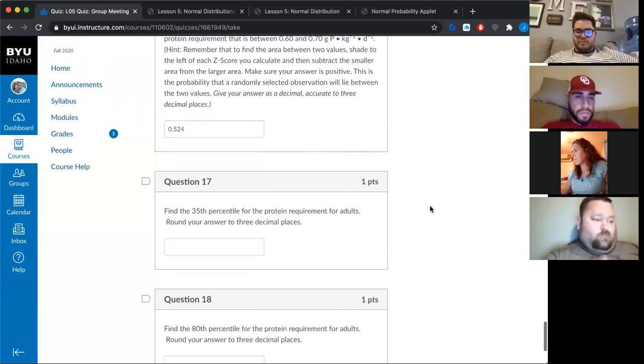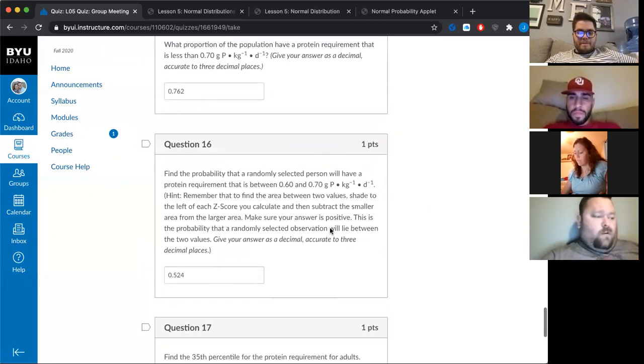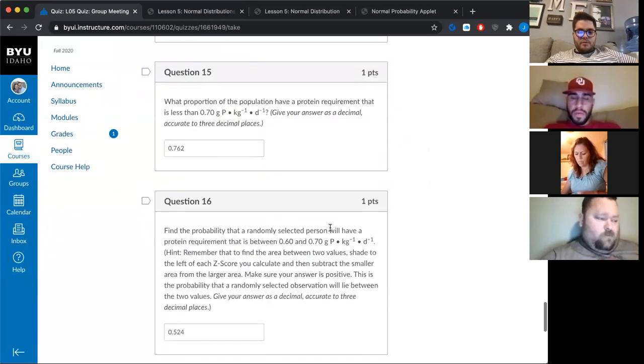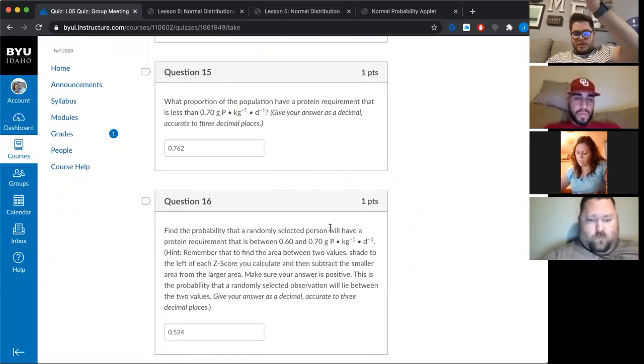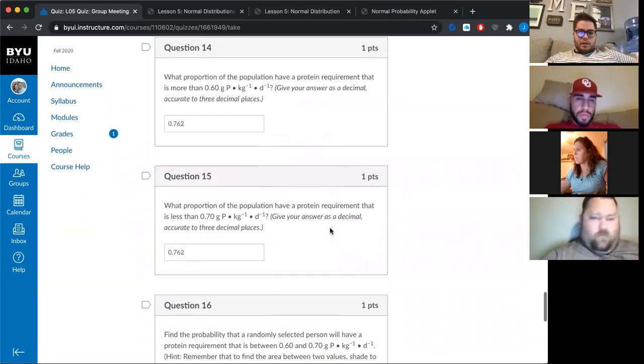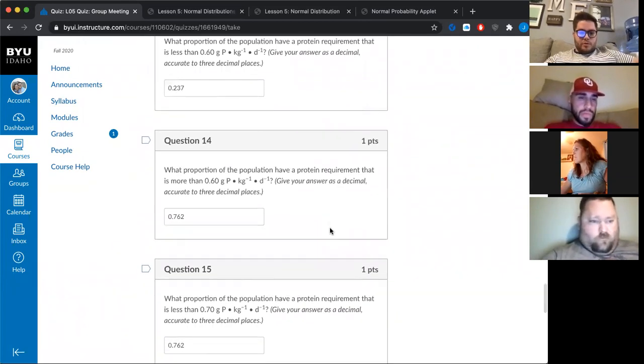So everybody else on the same page? So we got 524 or 525. Yeah. 524. We haven't been rounding. We've just been putting the first 3 decimals. Okay. Because that's the same as doing, well, I guess maybe that changes it.